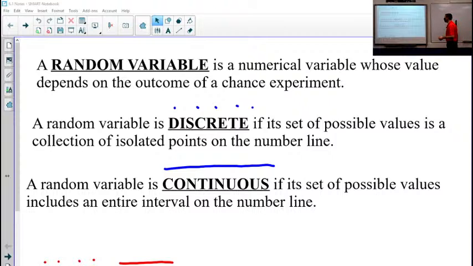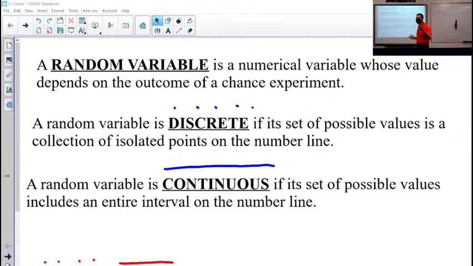So discrete variables, you've talked about this before when you talked about functions being discrete versus continuous. A discrete variable is going to be a collection of isolated points. In other words, they take on very specific values, and they can only be those specific values and nowhere else in between.